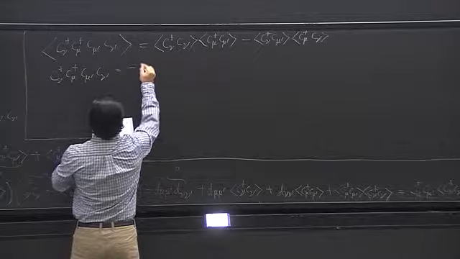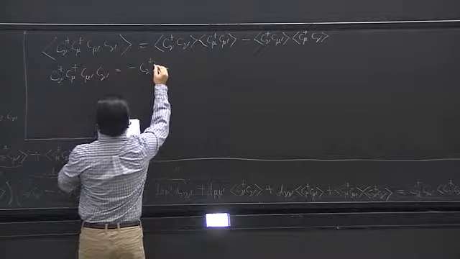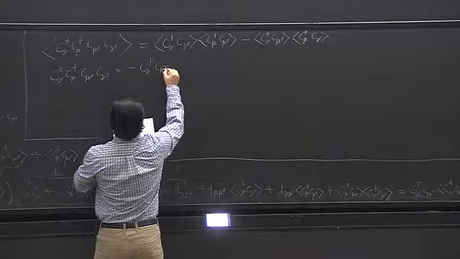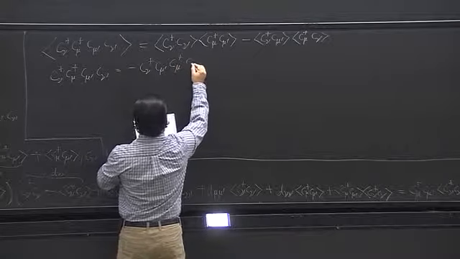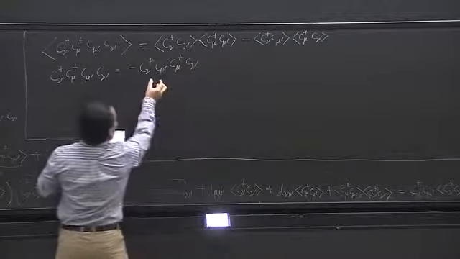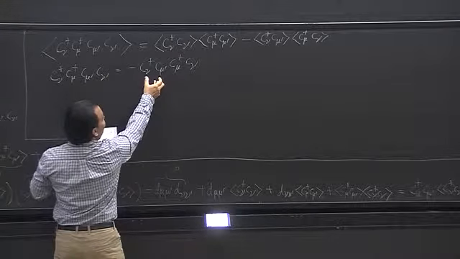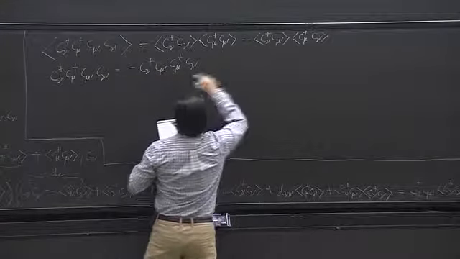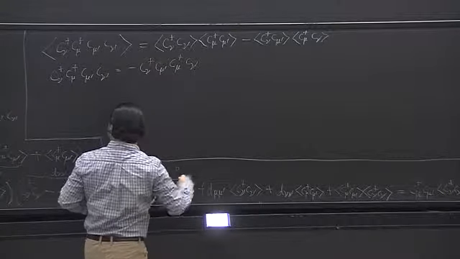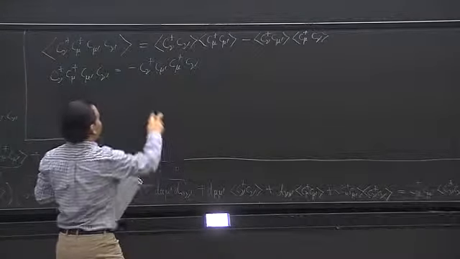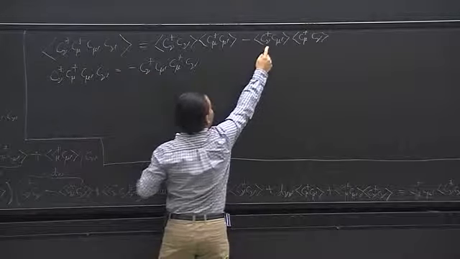So this is minus C nu dagger, C mu prime, C mu dagger, C nu prime. Now this quantity you can write as deviation operator nu mu prime plus the expectation value of this guy.